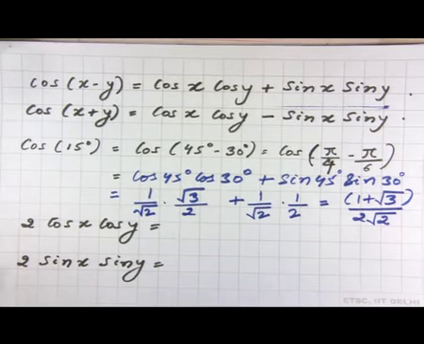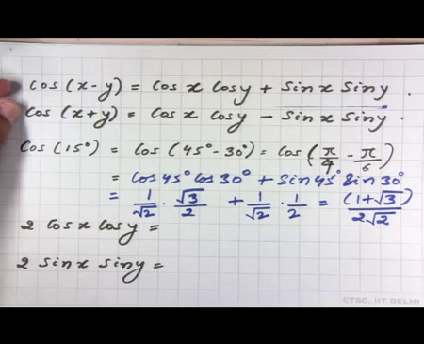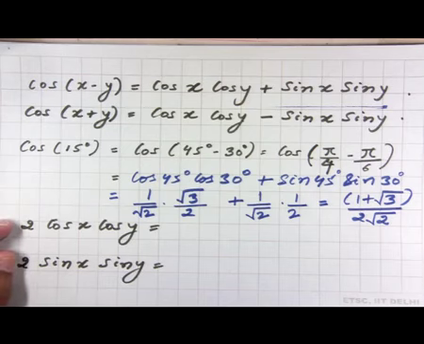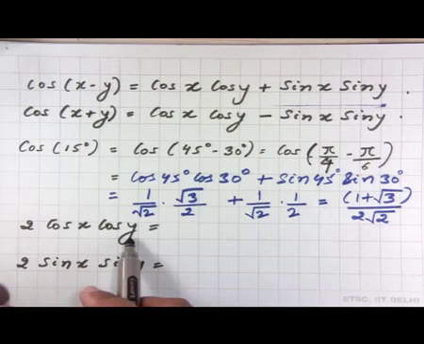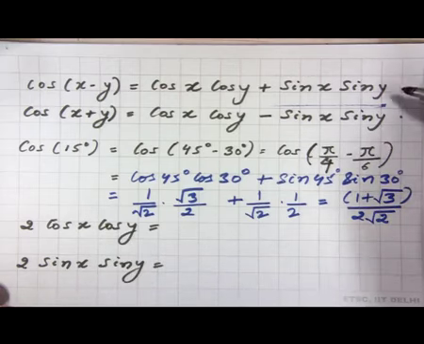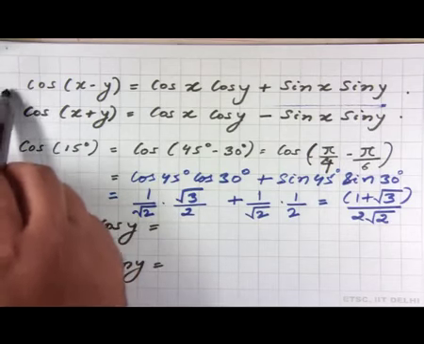Now, using these two basic formulas for cos of x minus y and cos of x plus y, other simplifications can also be derived. For example, if we are given an expression of this type, 2 cos x cos y, then it can be written as follows. Let us focus on these two equations here.